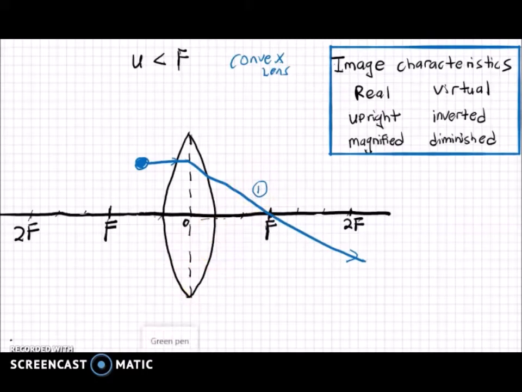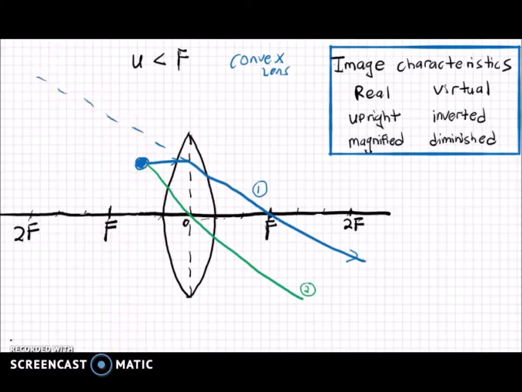The second ray here will be going straight to the center of this lens. So you see that? This is the second. Since there is no intersection between line 1 and line 2, we are expecting an image to form at this side, so you can draw a dotted line.